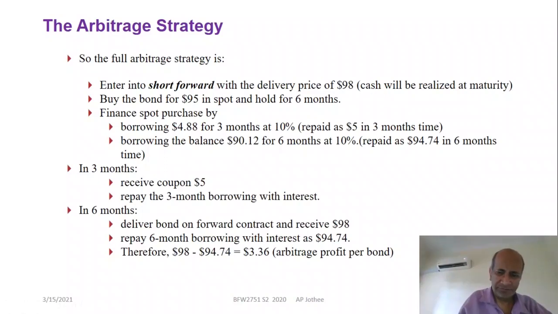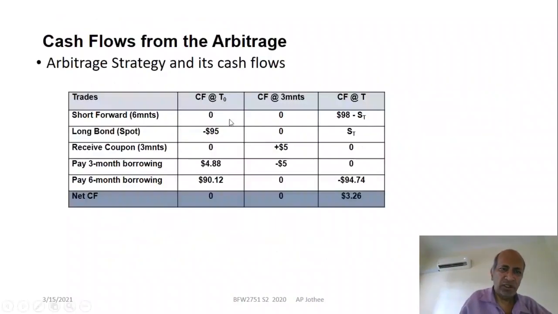Immediately take action. Okay, so how do you put it into a table? Always I will ask you to draw a table to show this. So the cash flows at current time T0, cash flows in 3 months, and cash flows in 6 months at the terminal.